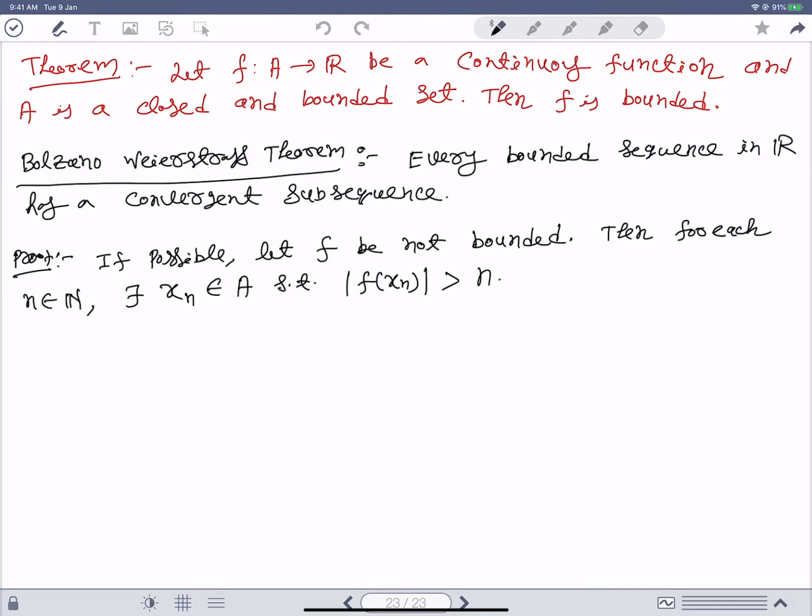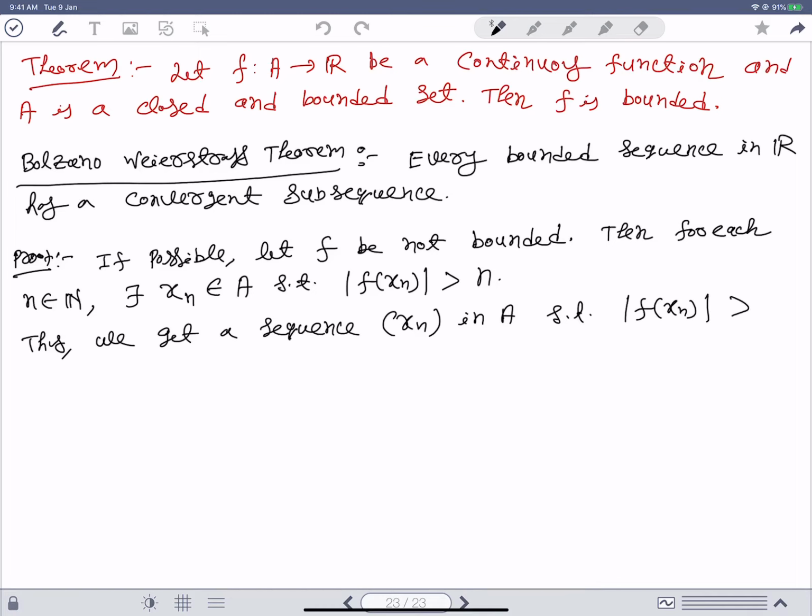Since f is not bounded, whenever we choose a number, there should be some point in A such that the value of f at that point must be bigger than that number. So we get a sequence xn in A such that mod of f of xn is bigger than n.